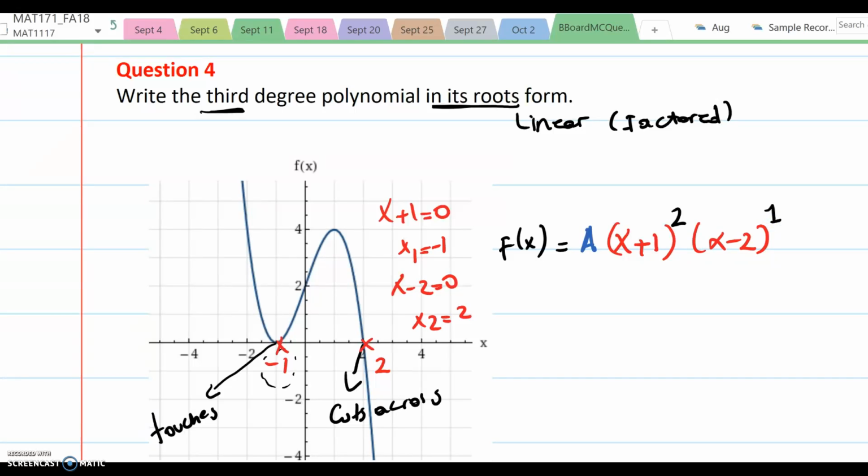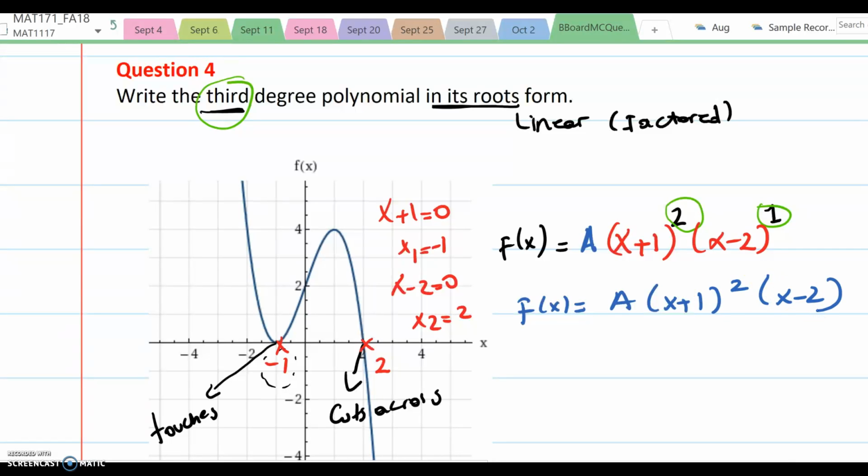And as you see from the question, now we have a third degree function like this. We don't write the exponent 1. So now our next job is to figure out what that a is.